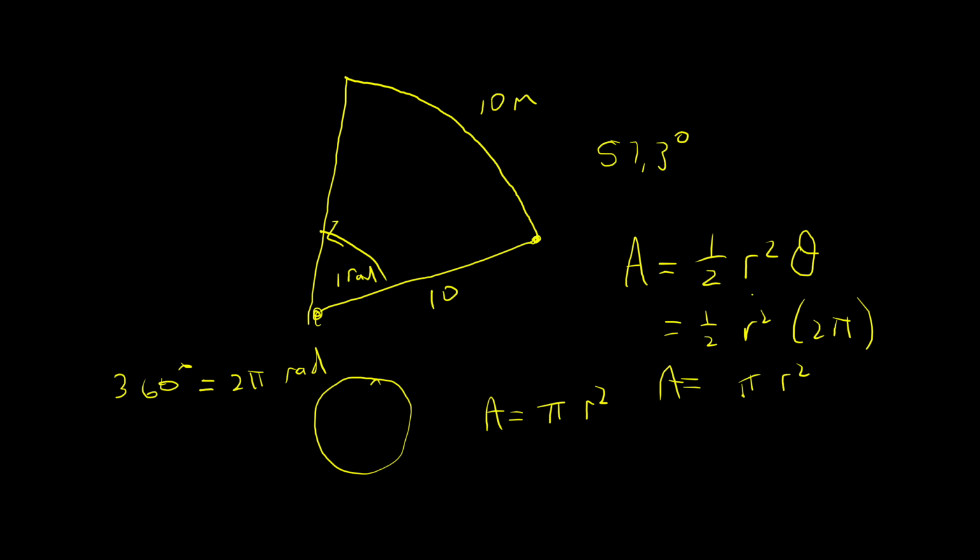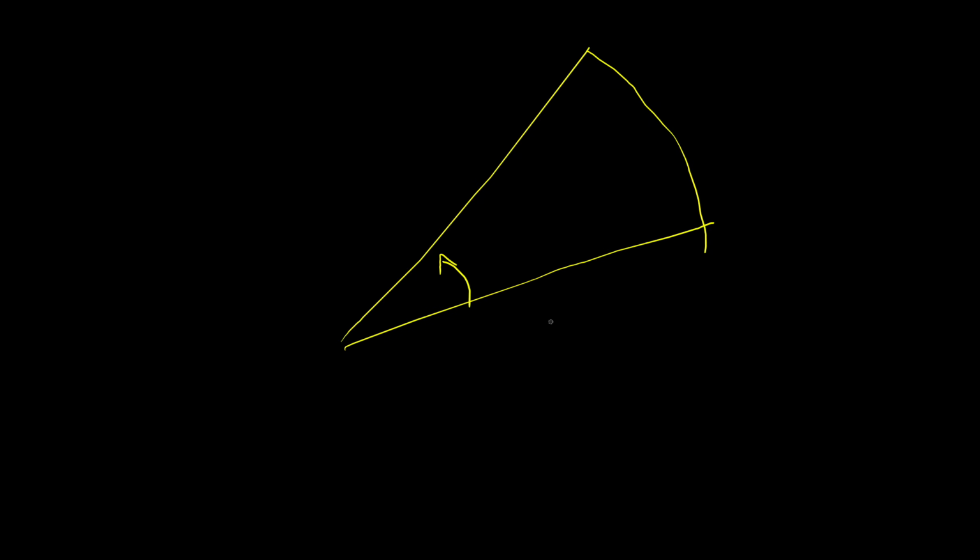Okay, so let's look at an example. Let's say we've got an arc, and we know that this arc has a radius of 30 centimeters, and this is exactly 12 centimeters.